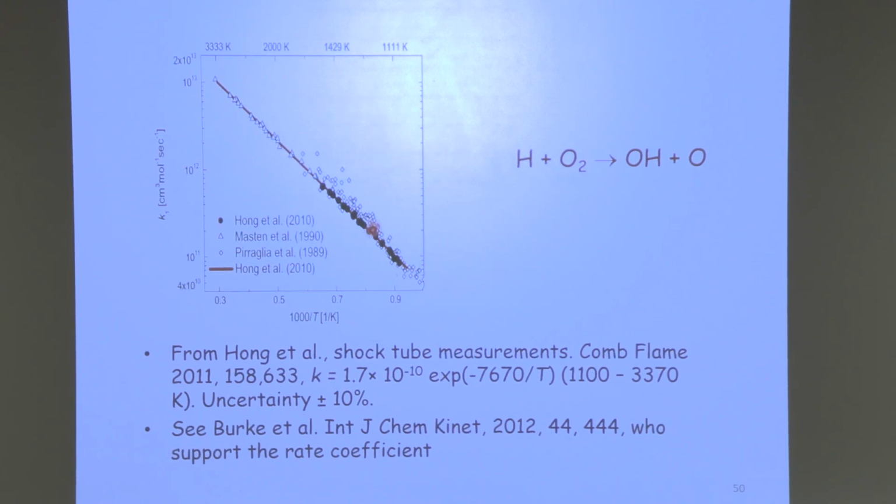These differences are small enough that you have to worry about how they interpreted their experiments. And so Burke did a nice analysis, theoretically, of what's happening to support that this red line is actually the true rate coefficient. And as with all rate coefficients, you can see it varies a lot, right? So this is a factor of 100 change in the rate coefficient over this temperature range. And this temperature range is not that much.